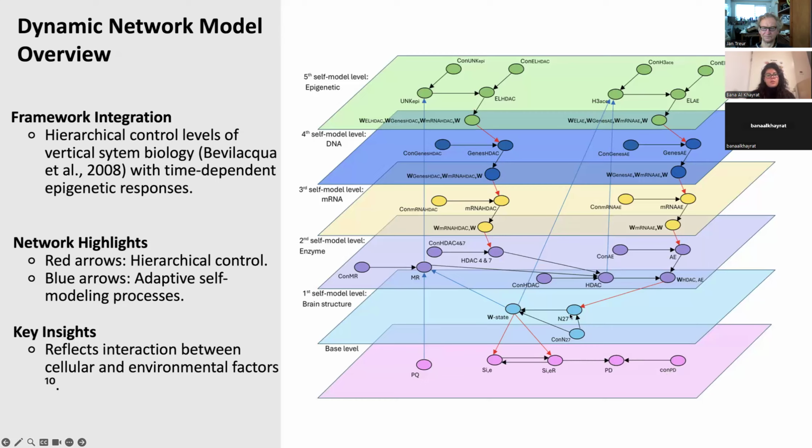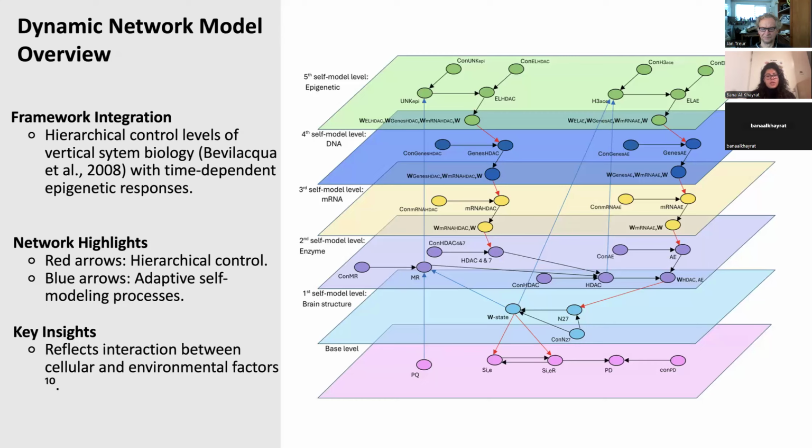Moving on to the first order. Next we have the first order adaptation level, which focuses on the brain structure and physiology. Here, the W state controls the strength of connections between environmental stimuli and neuronal responses.